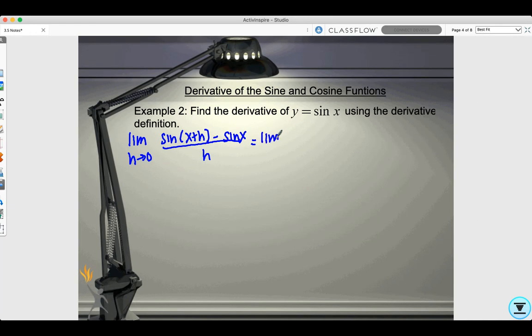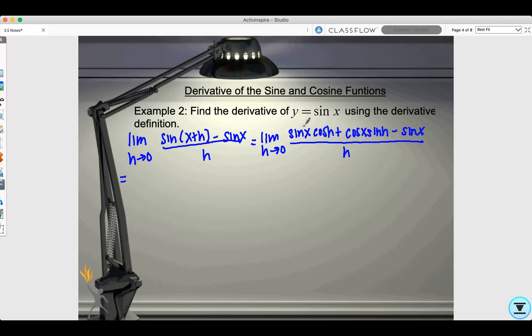So this would be the limit as h approaches 0 of the sine of x times cosine h plus cosine x times sine of h. And then don't forget your minus sine x. And this is all over h.